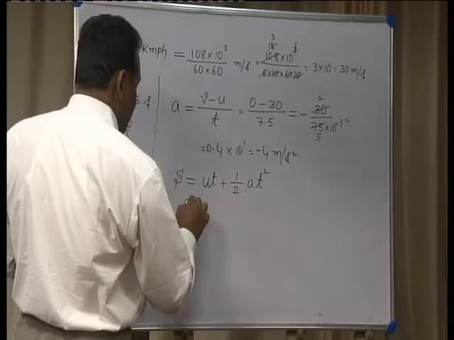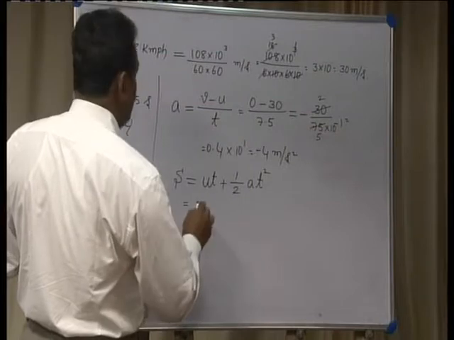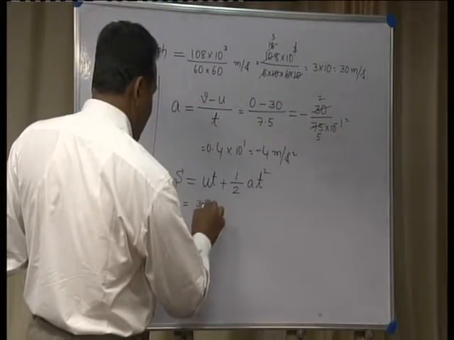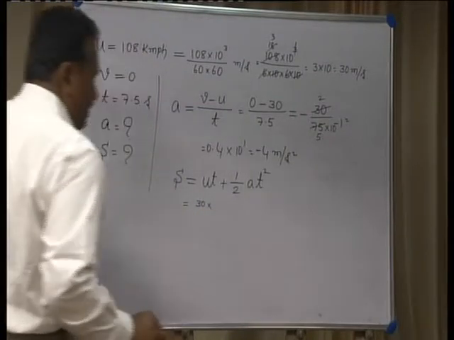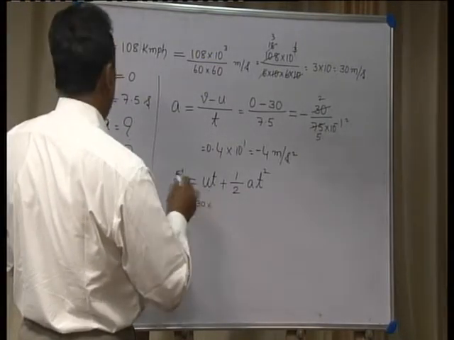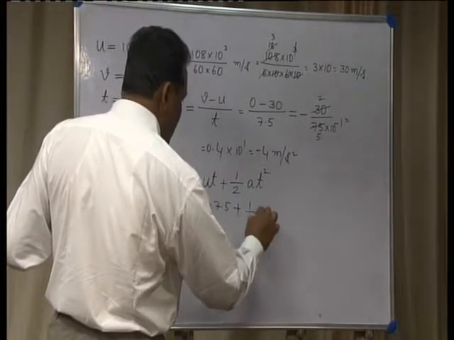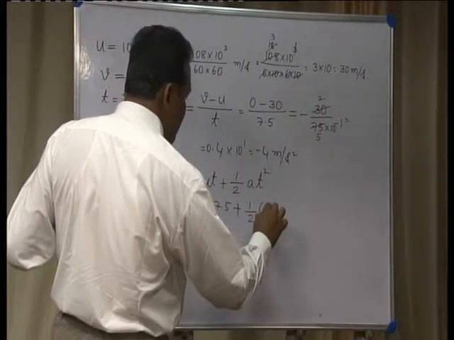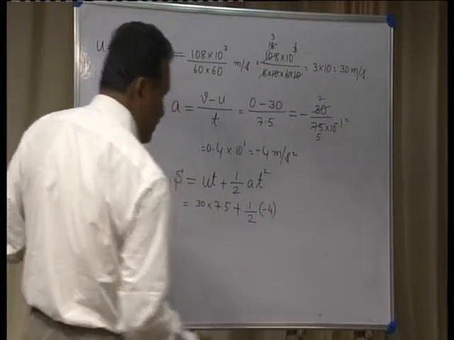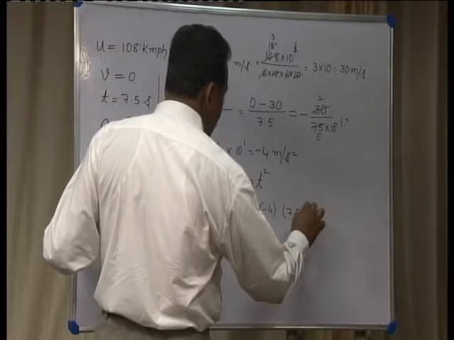Again S is equal to u into t. u is how much? 30 meter per second into t, it is 7.5 seconds, plus 1 by 2 into a, it is minus 4 meter per second square. So t is again 7.5 whole square.